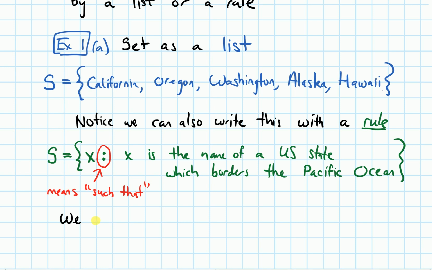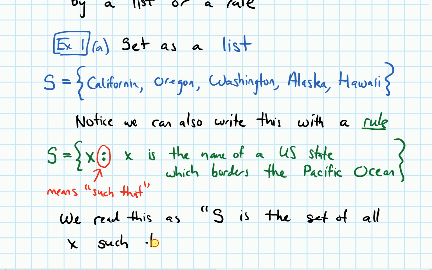So when I use this second notation, how do I read this? Well, we read this as, and I'm going to put it in quotes, S is the set of all X. And then that colon, I know I read that as such that, and then I would just read off everything that comes after it.